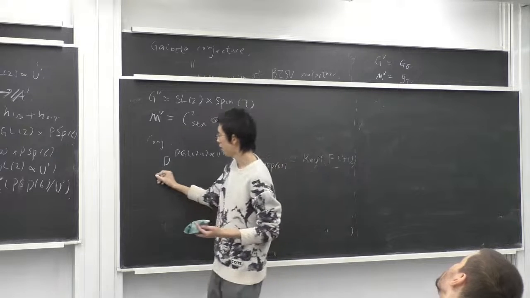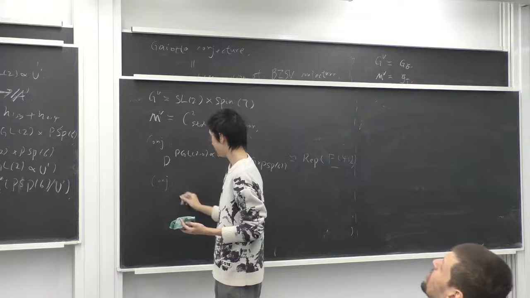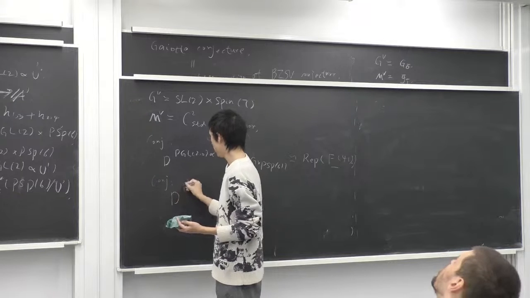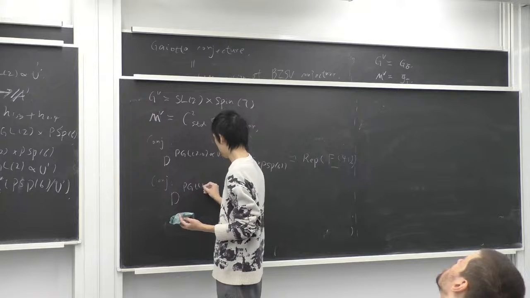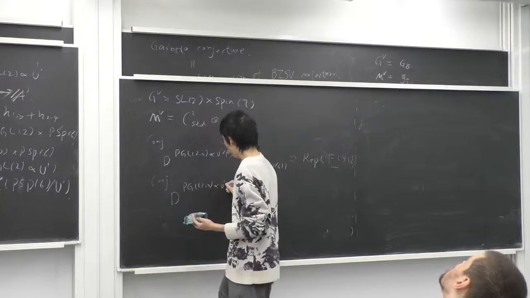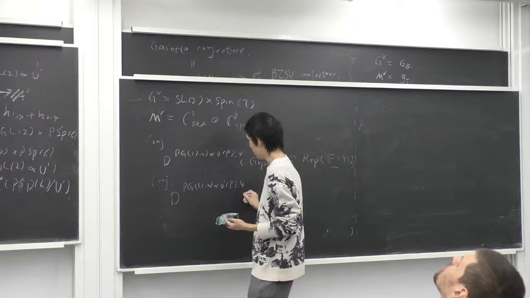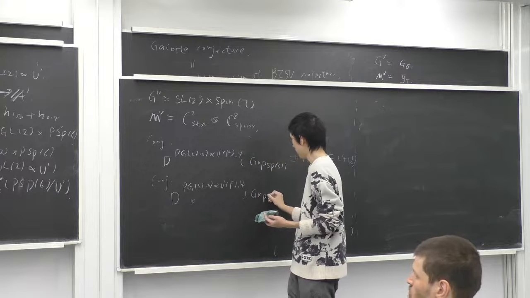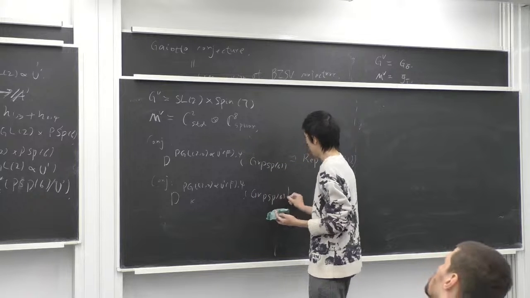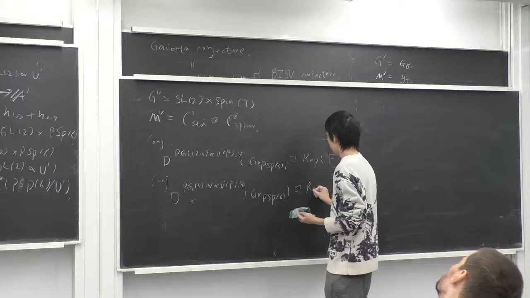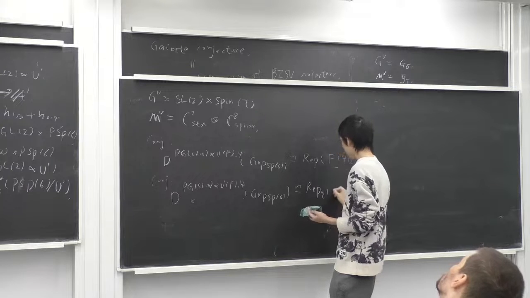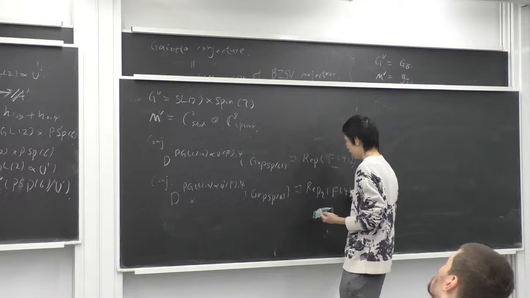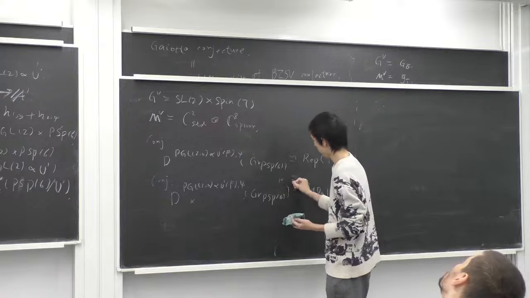And the Gaiotto conjecture is that the twisted PGL2 semi-direct with U prime, F, C equivariant hyperalgebraic modules of the Grassmannian is equivalent to the category of representations of the quantum supergroup, hyperalgebraic.